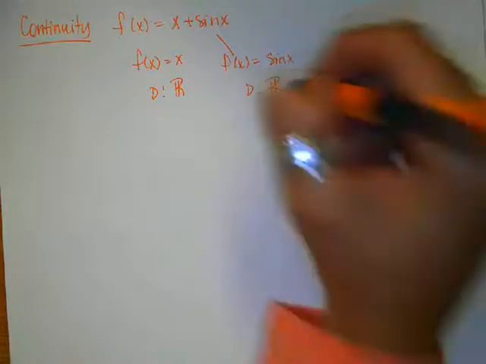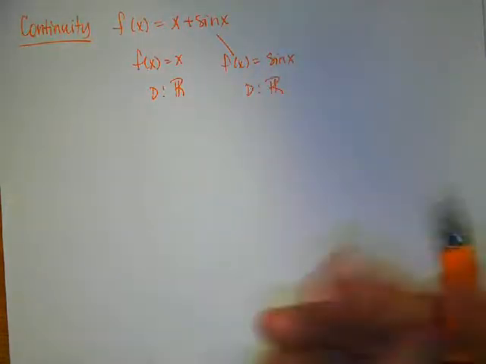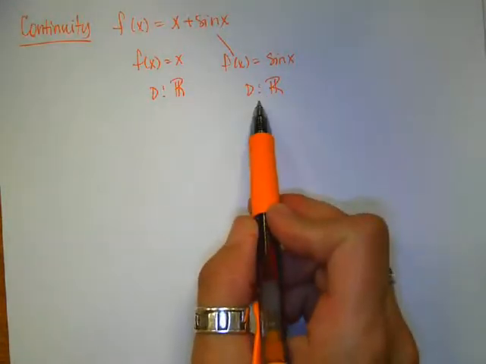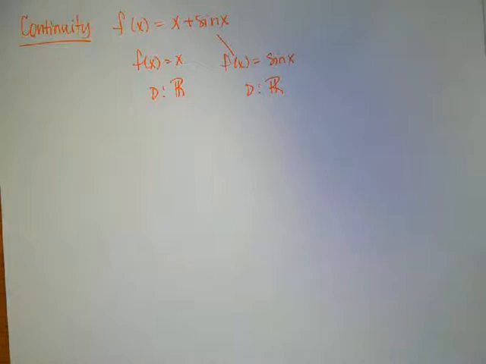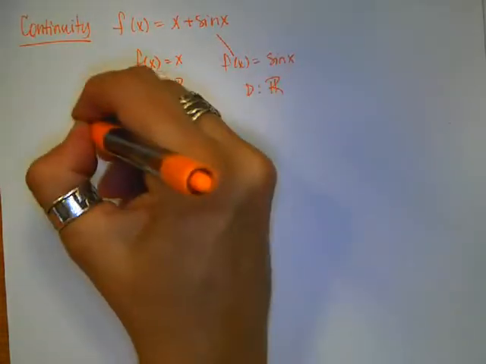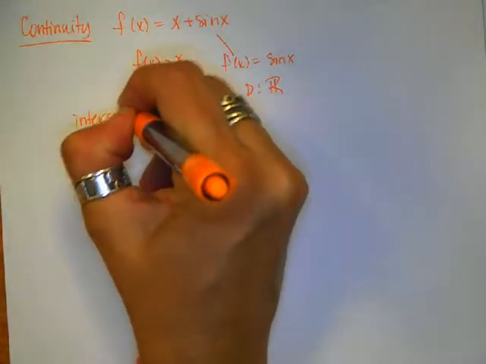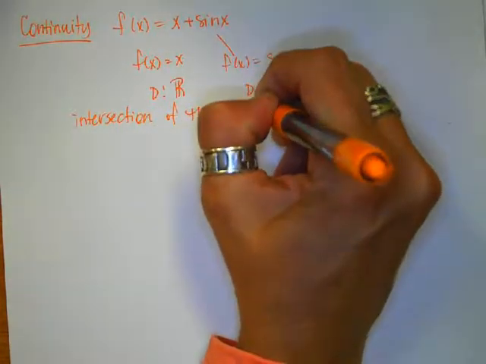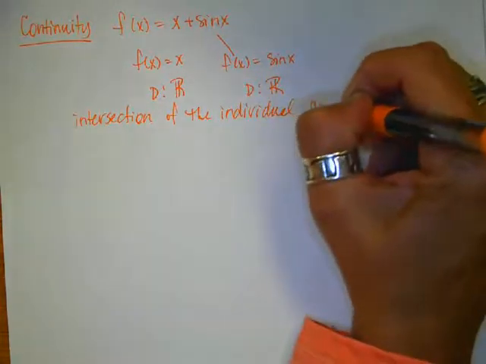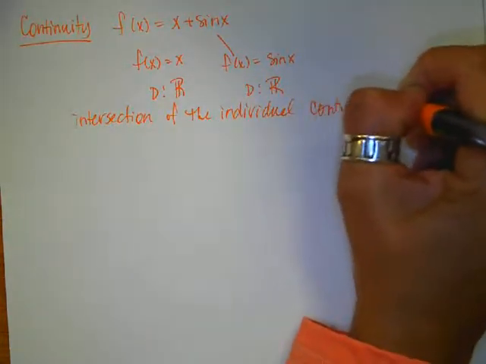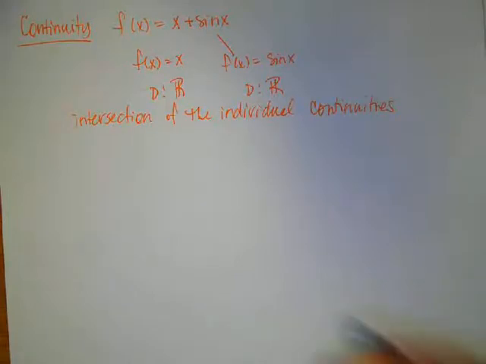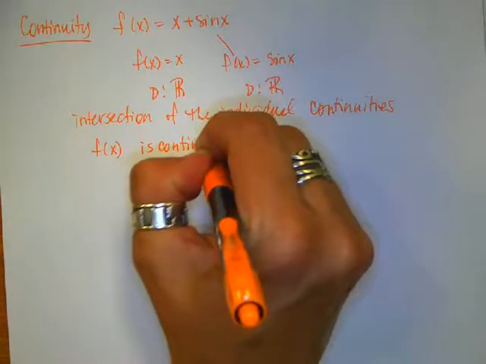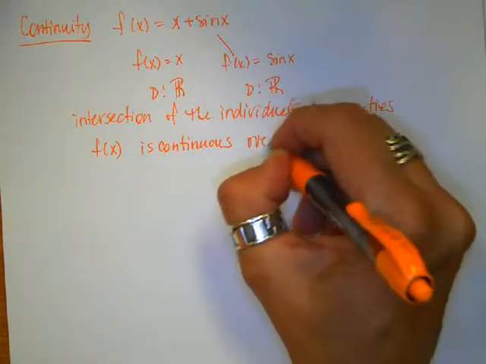If I put the two together, the continuity is the intersection of the individual continuities. Then we could show that f of x is continuous over its domain, and that happens to be the real numbers.